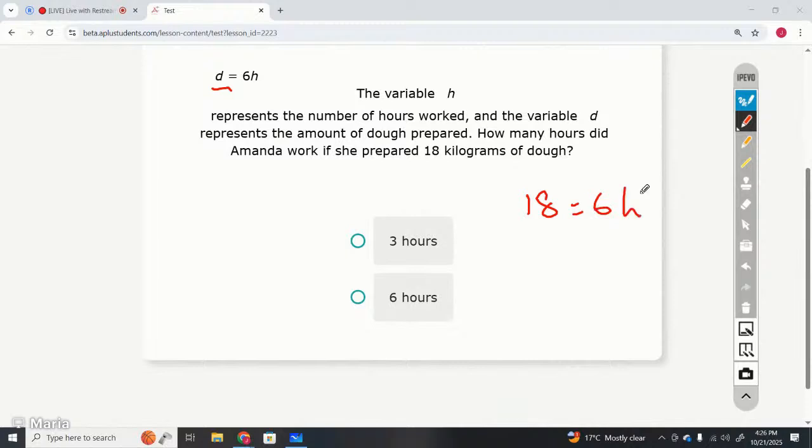You need to calculate how many hours she spent. So you need to divide both sides by 6. So which is the correct option?